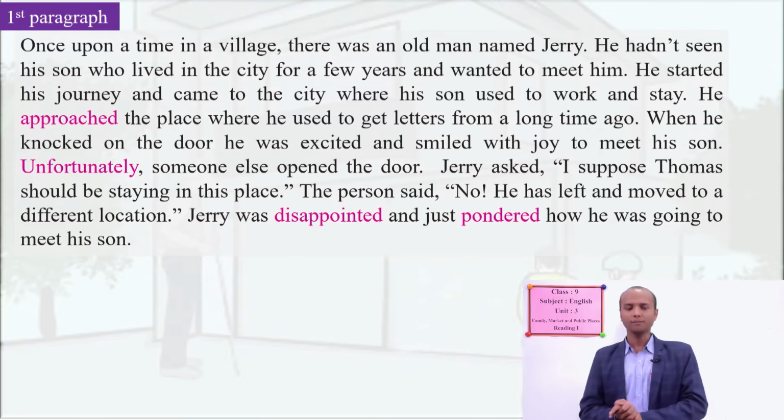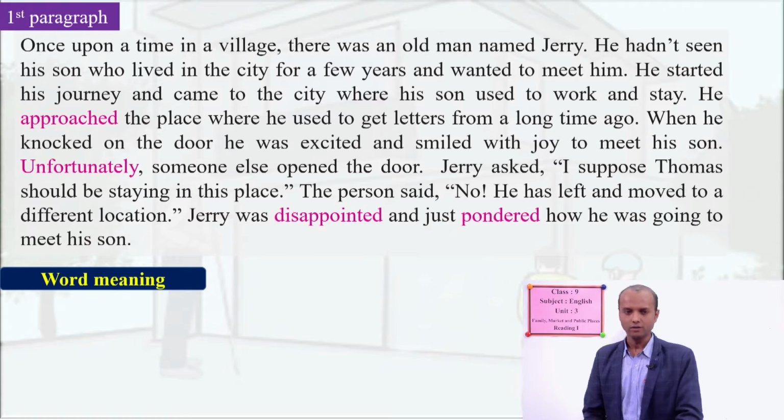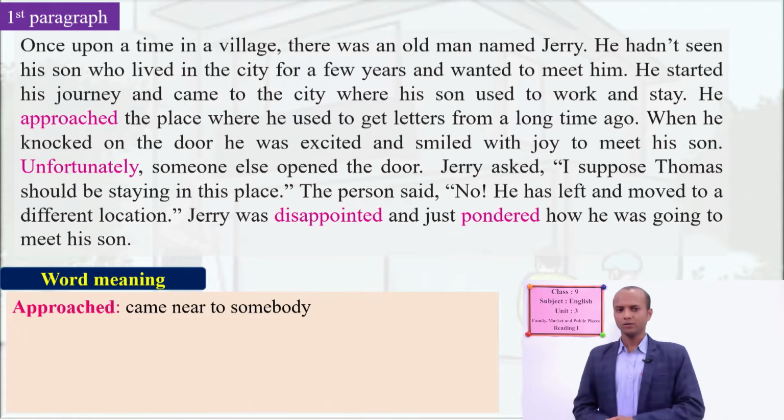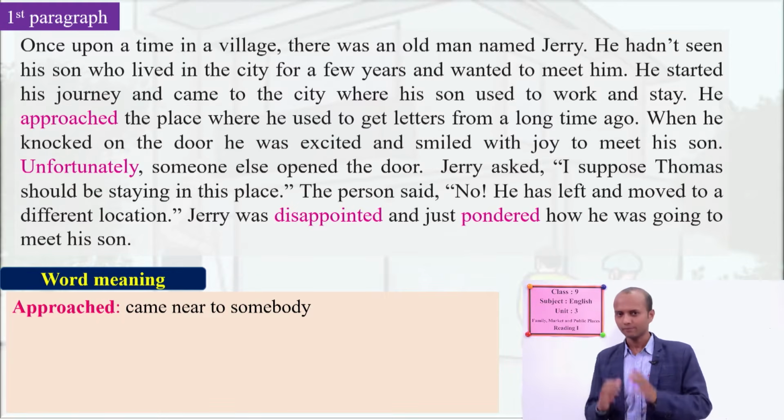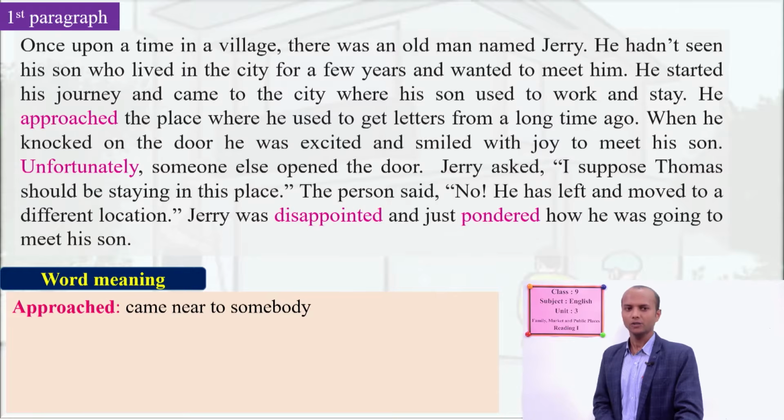Okay, so let me introduce these words first to you. The first is approach. So this the first word, approached. It means came near to somebody. It is in simple past tense or past form of approach. Second word, you can see is unfortunately.